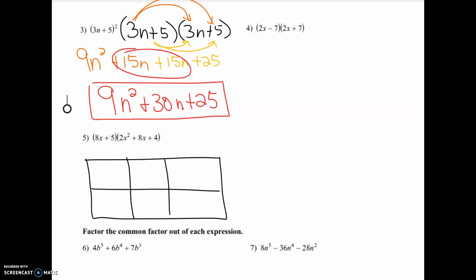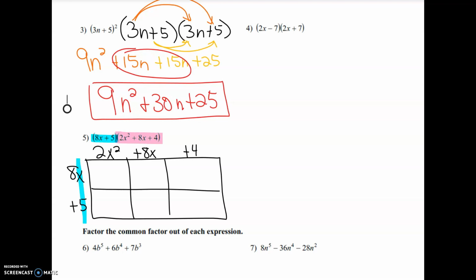And here on my left, I'm going to write the 8x plus 5. On the top here, I'm going to write my second set of parentheses as 2x squared plus 8x plus 4.